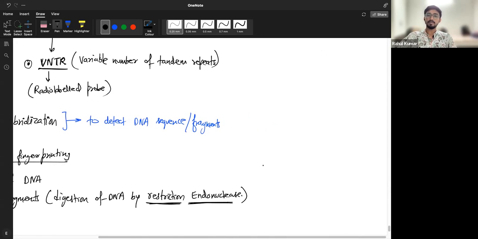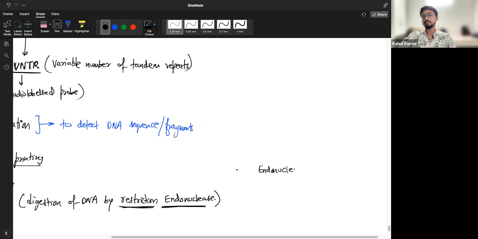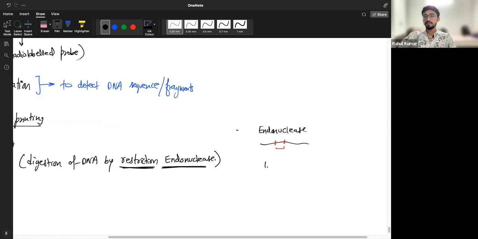So there are two types. Let me explain. One is endonuclease. Let's say this is a DNA fragment. Endonuclease will cut it from anywhere in the center. Is it clear? Then there is exonuclease.